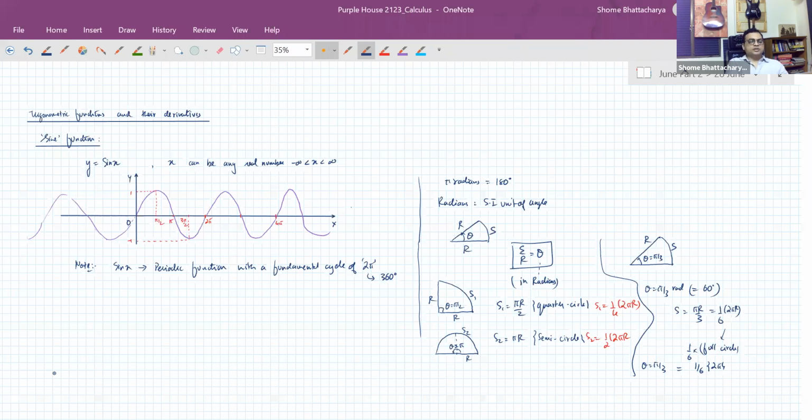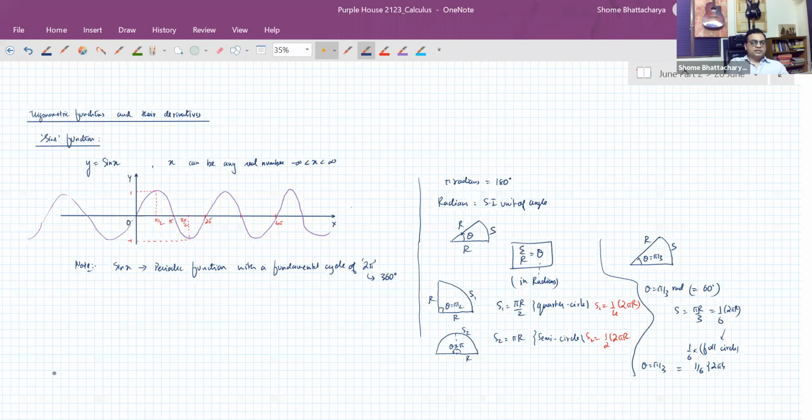So pi is such a number that it is actually the ratio of the arc to radius for a semicircle, or 2 times pi is the ratio of the circumference to radius for any circle. So that's an interesting fact of Euclidean geometry, that it doesn't matter what size of circle we draw, whether the radius is 2 centimeters or 2 kilometers.